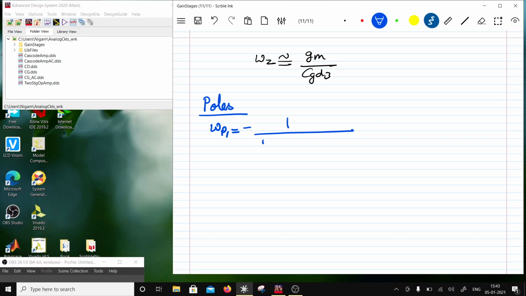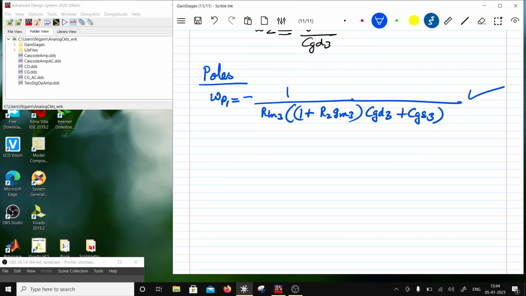So that is left with minus R in 3 times of 1 plus R2 GM3 times of CGD3. So this is the Miller capacitance on the input node plus CGS3. That's the other capacitance connected. So 1 over the RC time constant of the input node is the first pole or the dominant pole. There is a small contribution from the output node RC time constant, but it's too small.